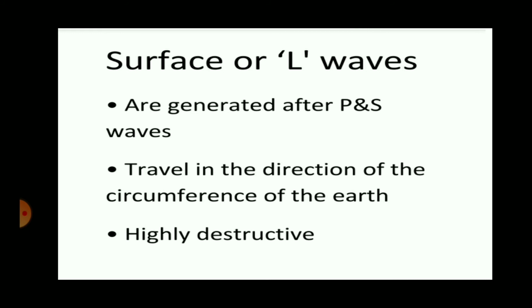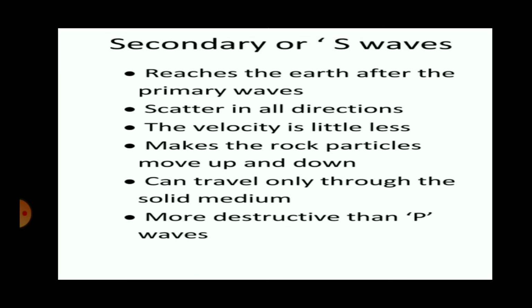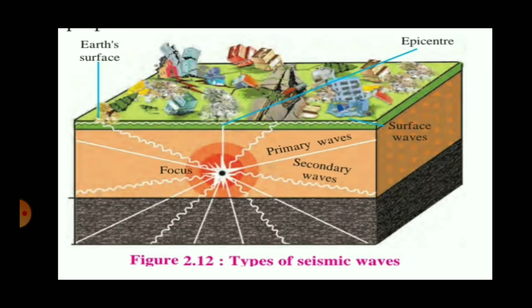If we see the textbook diagram, you will see that on the earth's crust there are zigzag lines. These are the surface waves. They are generated because of the primary and secondary waves, and they move along the crust, in the direction of the circumference of the earth.